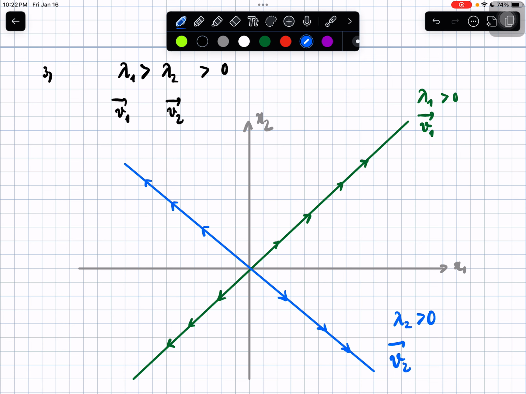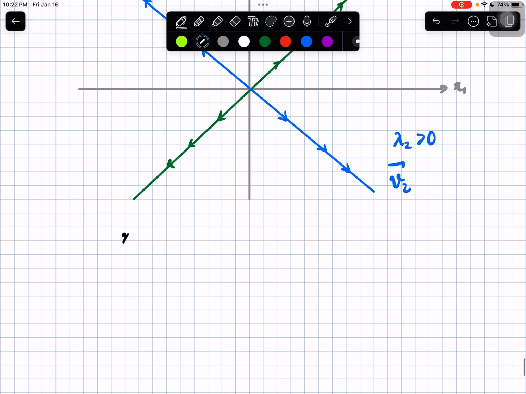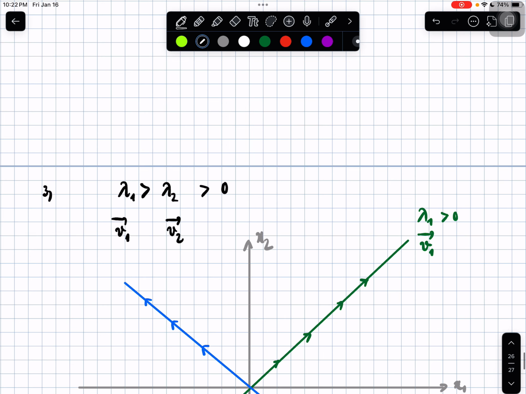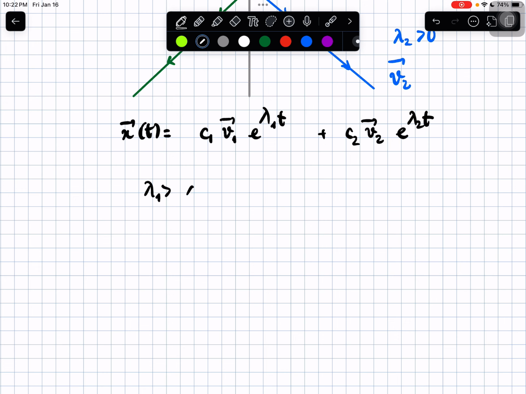The second observation: we know that x(t) is c1 v1 e to the lambda 1 t plus c2 v2 e to the lambda 2 t. Now lambda 1 is bigger than lambda 2, t tends to infinity.